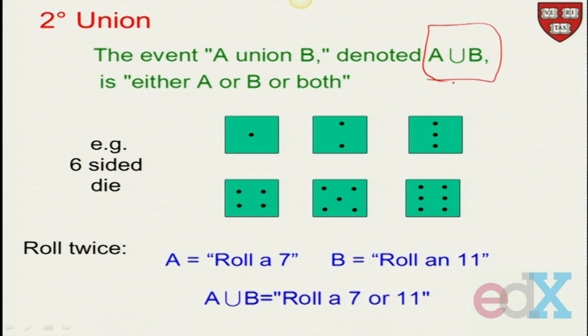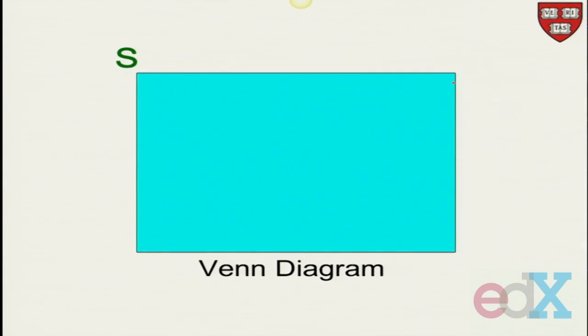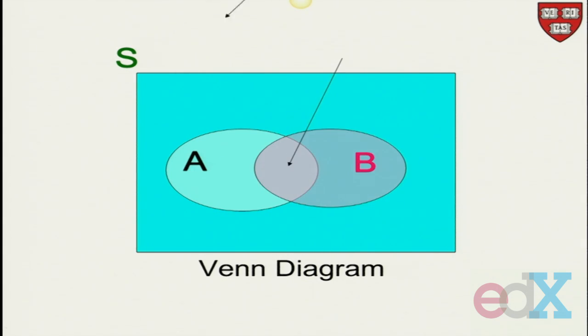So that's union. So now we've got intersection that says both have to happen at the same time, and union that says either or, either one or the other, or both happen at the same time. So going back to our Venn diagram, here's A, here's B, and now there's A union B. So A union B is all 3 of those little areas.